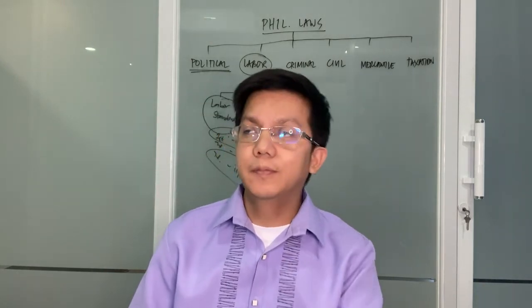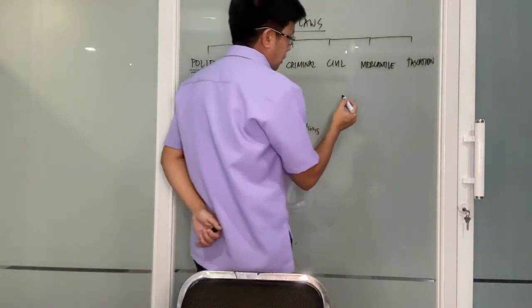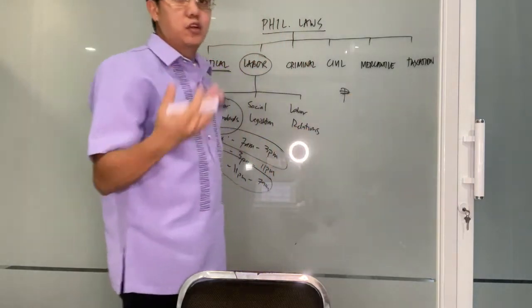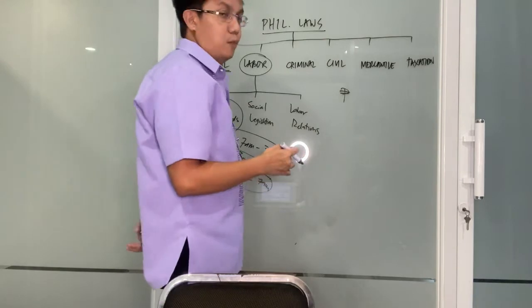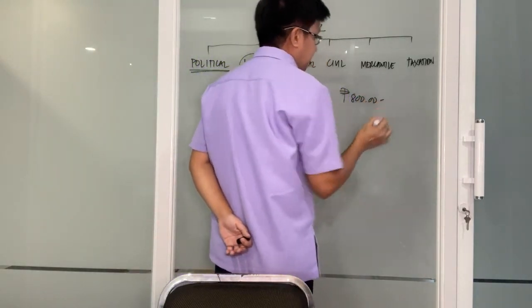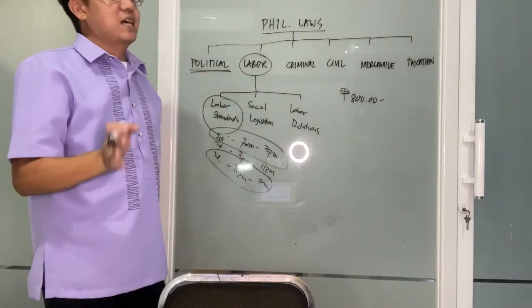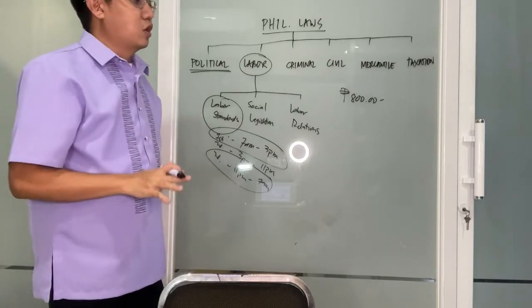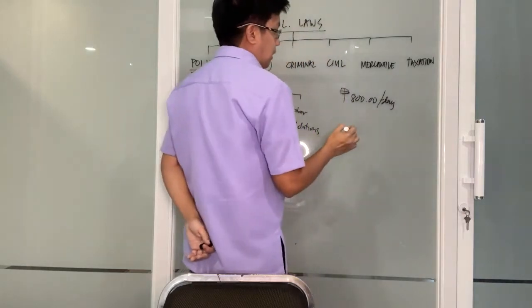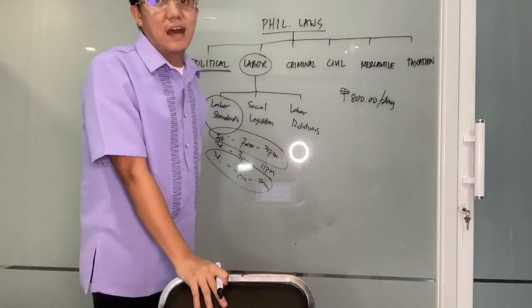So for example, ganito ha, your daily compensation is 800 pesos. For example lang ito ha, 800 pesos. Ang question ngayon is, magkano yung oras ko? Kasi ito per day man ito. And we are assuming that 800 pesos per day, you are only working for 8 hours.